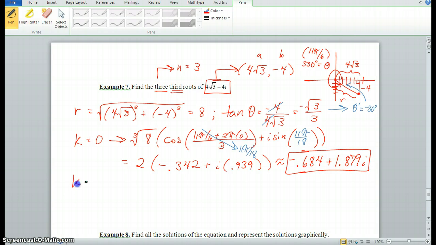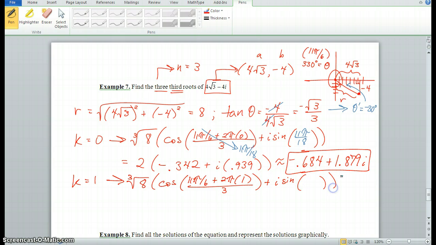We'll work our way up to k equals 1 now. Doing the same basic thing with the cube root of 8 times the cosine of 11 pi over 6 plus 2 pi times 1 now all over 3, plus i times the sine of the same thing. Well, let's again find that angle. We'll take 11 pi over 6 plus 2 pi.